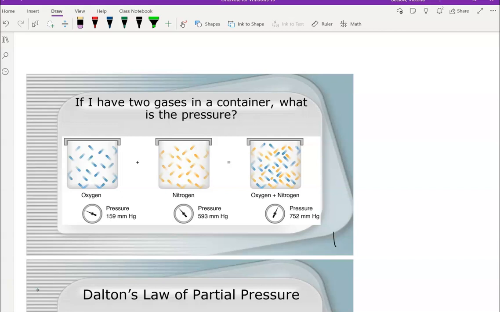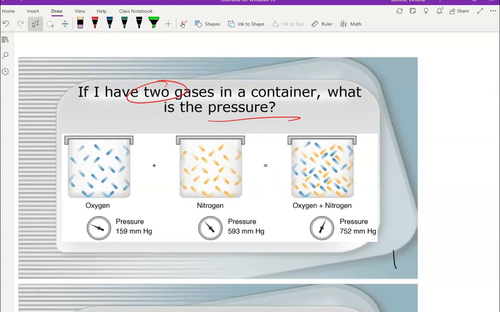But what happens if there are 2 or even more gases in a container? How does that relate to the pressure? And this Dalton's law makes a lot of sense.